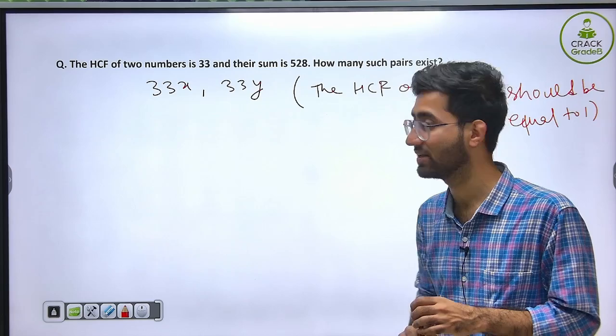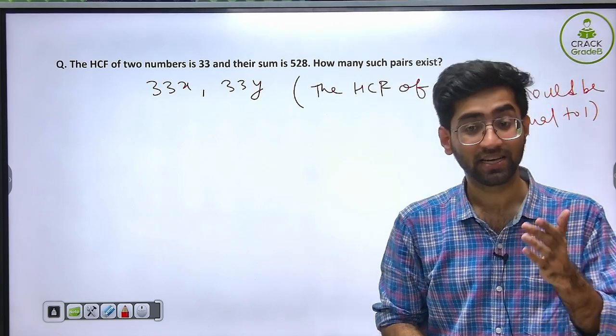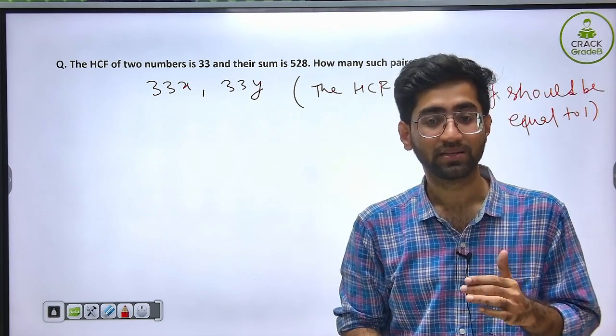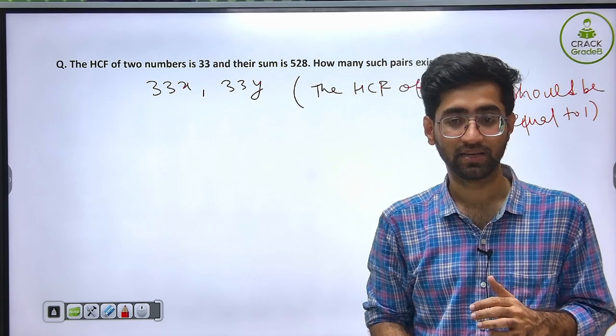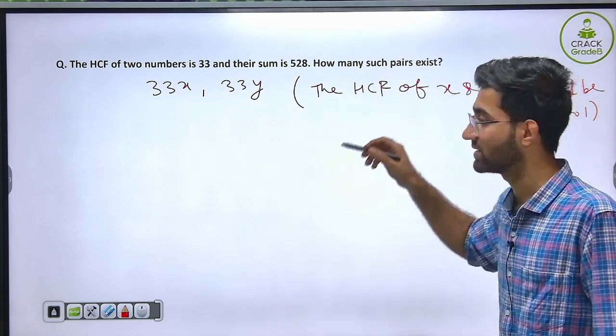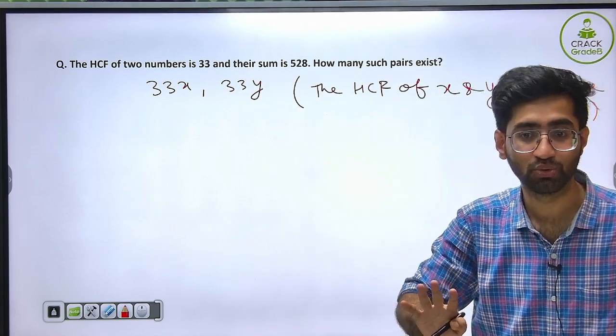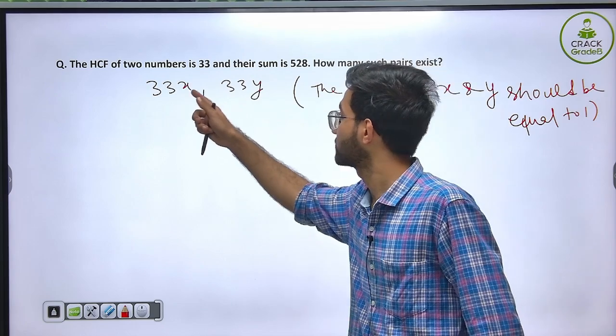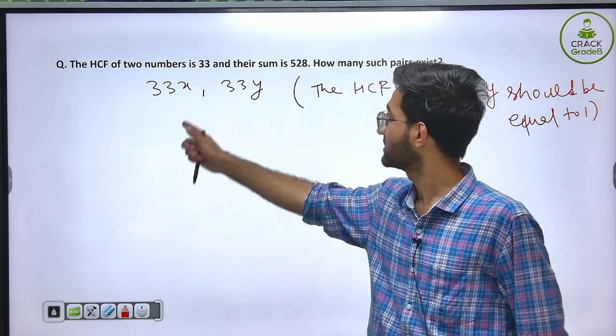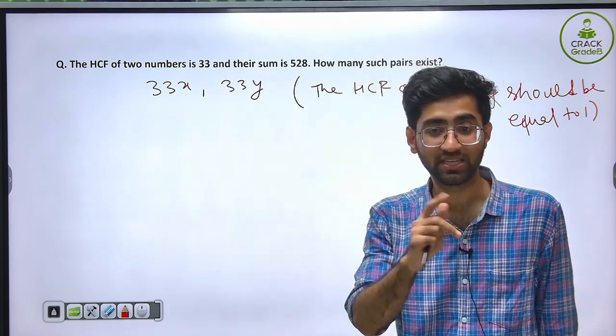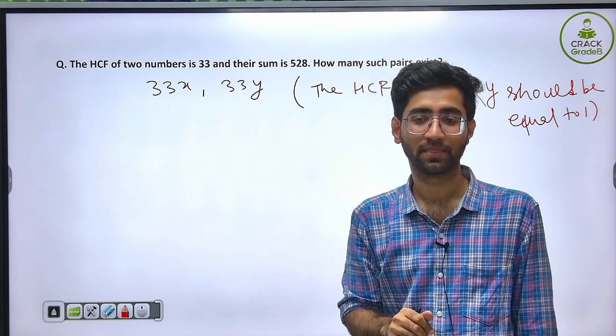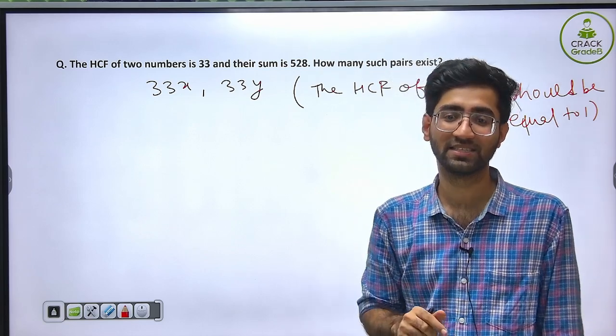So in this question, if it is said that 33 is the HCF, so 33x and 33y, if you make the HCF of x and y as 2, means 2 can also divide these numbers, then 33 into 2, that is 66, should be the HCF, but 33 is the HCF.